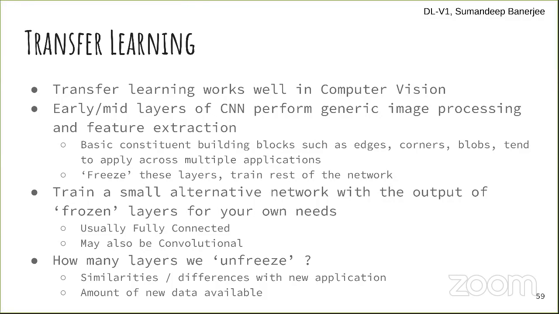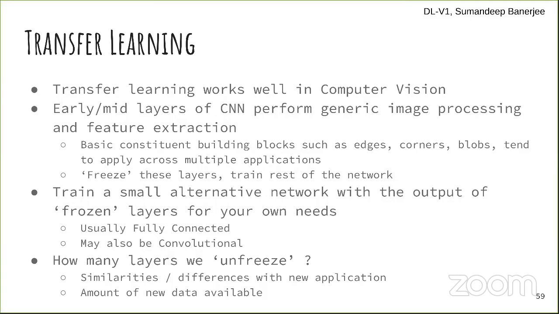Edges, corners, blobs. And whether I want to build a face or no face, like human classifier, or I want to build a cat versus dog classifier, the basic elements, the geometric elements that build up shapes, they remain the same. So whatever has been trained on one problem very easily in computer vision domain applies to any other application area.